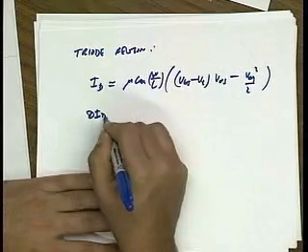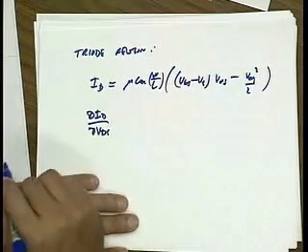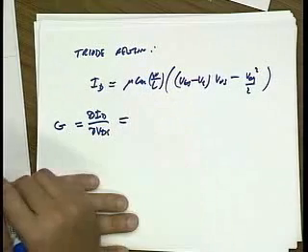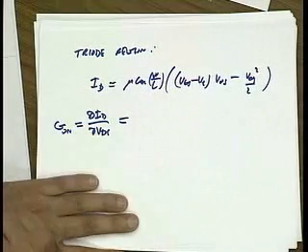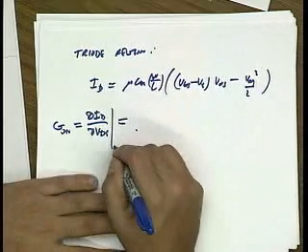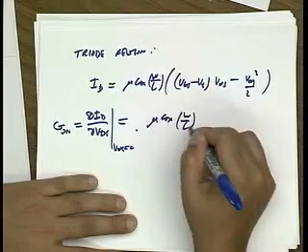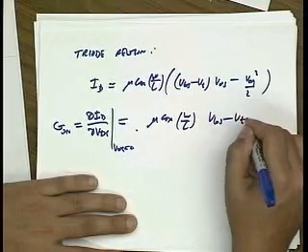So if I take a derivative of that with respect to VDS, that gives me my conductance. So the switch on conductance, let me evaluate it at VDS equal to 0, and that gives me simply mu Cox W over L (VGS minus VT).